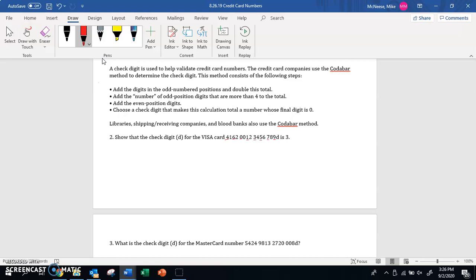Okay. And I'm just going to do 2 times all of those. So I've got 2 times 4 plus 6 plus 0 plus 1 plus 3 plus 5 plus 7 plus 9. Okay. So this is our step 1.